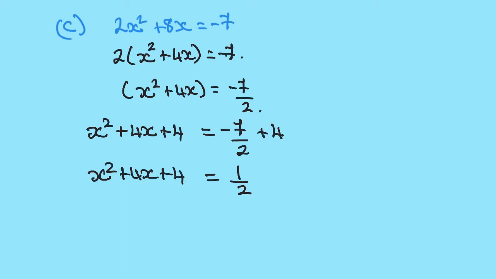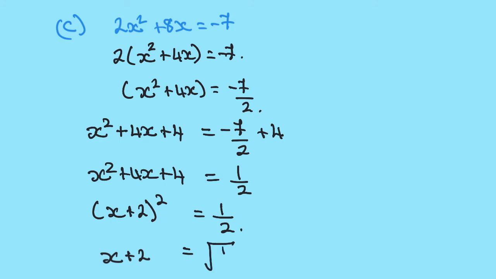Now we can complete the square. So we get x plus 2, all squared, is equal to a half. Take the square root of both sides. So we get x plus 2 equals root 1 over 2.